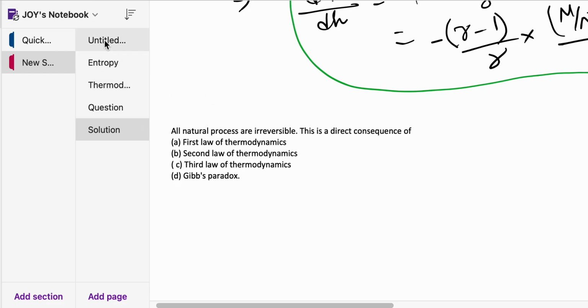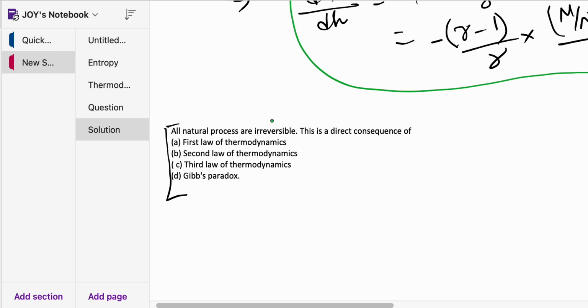So all natural processes are irreversible. This is a direct consequence of the second law of thermodynamics. Before going to solve this question, I want to spend some time to introduce the concept of irreversibility.